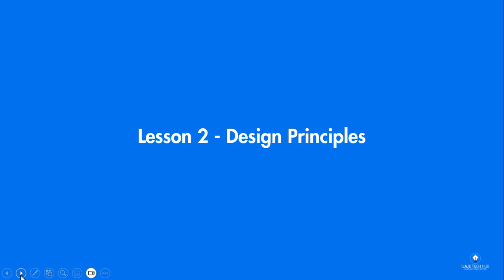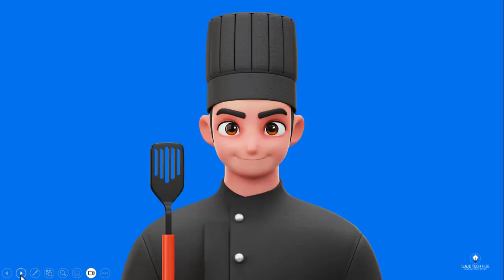So, in the last lesson, we explored the exciting world of UI and UX design. Today, we'll be diving into the essential design principles that make interfaces not only visually appealing but also intuitive and user friendly. Imagine you are a chef crafting a delicious meal.